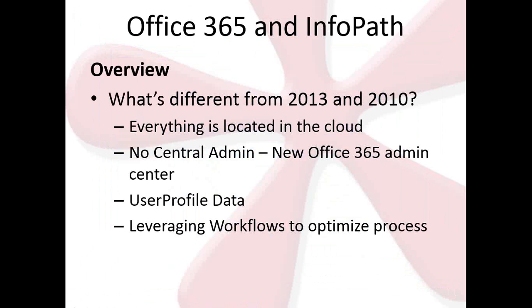And really the biggest thing is that everything's going to be located in the cloud. There are some Office improvements, some differing UI, but that's essentially the big nugget between 365 in the cloud and 2013 and 2010. And also your InfoPath Forms Services is grouped together with Excel Services as a site collection property that you can enable on your site.